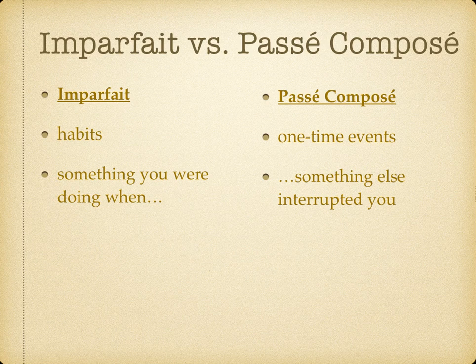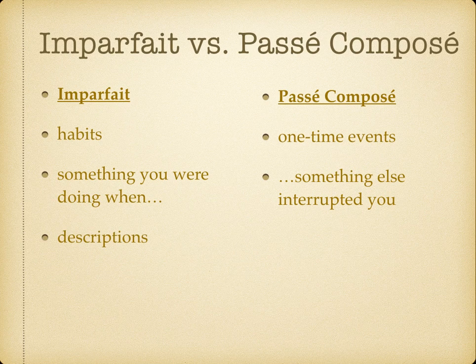When she coughed, I was eating. The timeline, however, didn't change. I was eating first, and then she coughed. So it's always best to think about these sentences in terms of a timeline. Do not necessarily say that the very first verb you see in the sentence is imparfait, because it might not be.